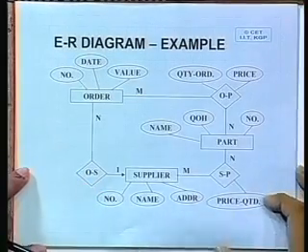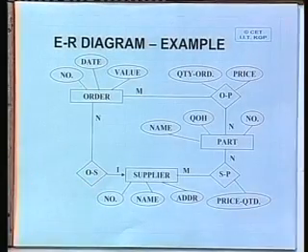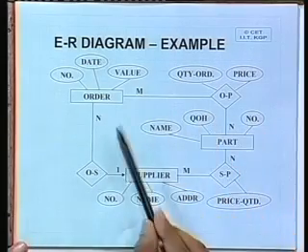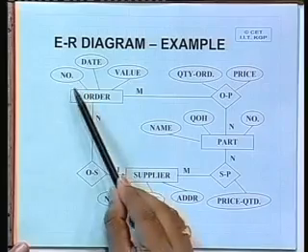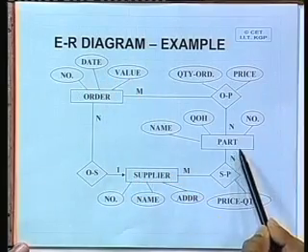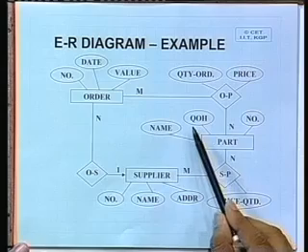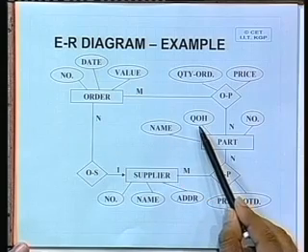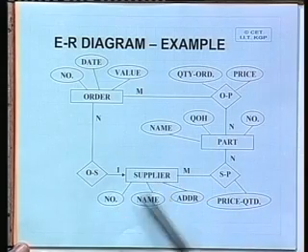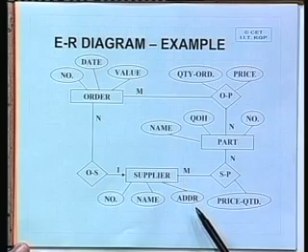You see, this is the entity relationship diagram for the same table, and we have here the order which has a number, a date, and a value; the part which has a number, a name, and a quantity on hand; and the supplier which has a number, name, and address.